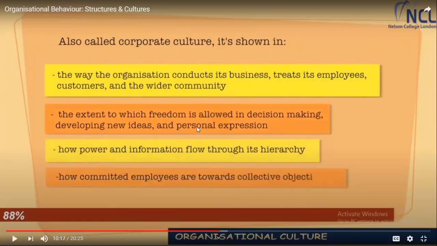So my third question to you now would be: explain briefly the relationship between organizational behavior, organizational structure, and organizational culture.